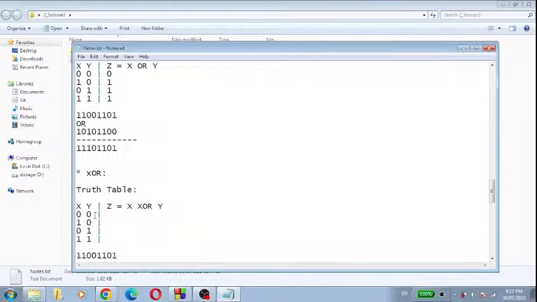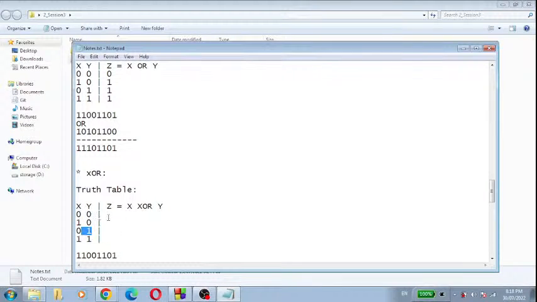The XOR is going to work like this: when you find all the inputs are similar, you write the output as 0, and when they are different from each other, you write the output as 1. I'm going to tell you that there is another rule for it.